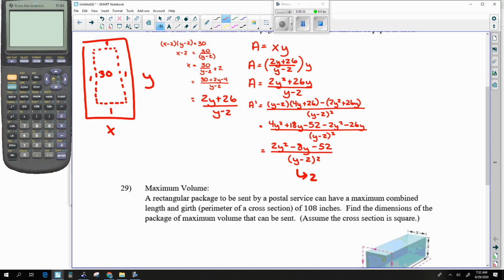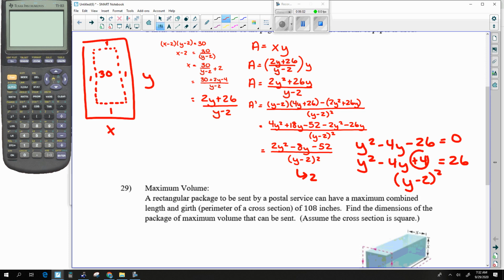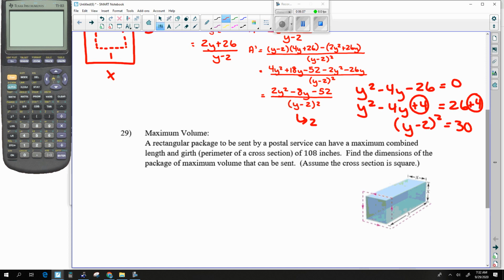I'll complete the square. So I'll factor out a 2, and I'll complete the square. So in essence, what I'm looking at is Y squared minus 4Y minus 26 is equal to 0. I GCF'd out a 2, and now I'm going to complete the square. So Y squared minus 4Y is equal to 26. So this is Y minus 2 squared. That would require plus 4 in the previous step. And then this is going to be Y is equal to 2 plus or minus root 30.